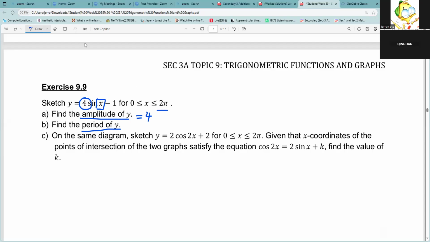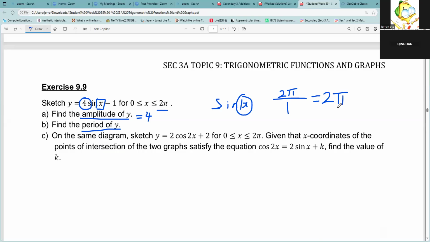So, strictly speaking, for the period you only look at what is beside your x over here. You have to look at what is here instead. So for the period, look at this. This is actually sine x, or so to speak, sine 1x. So your period is actually 2 pi over 1, or 2 pi.